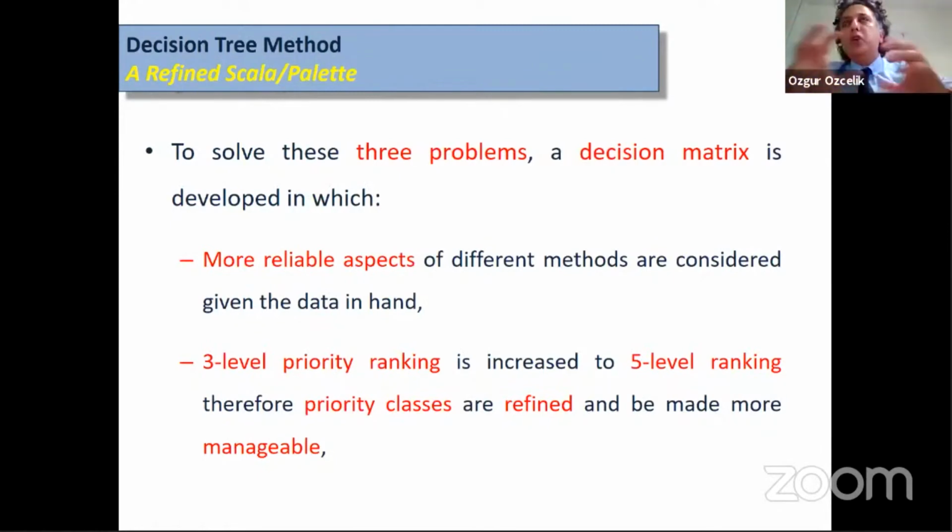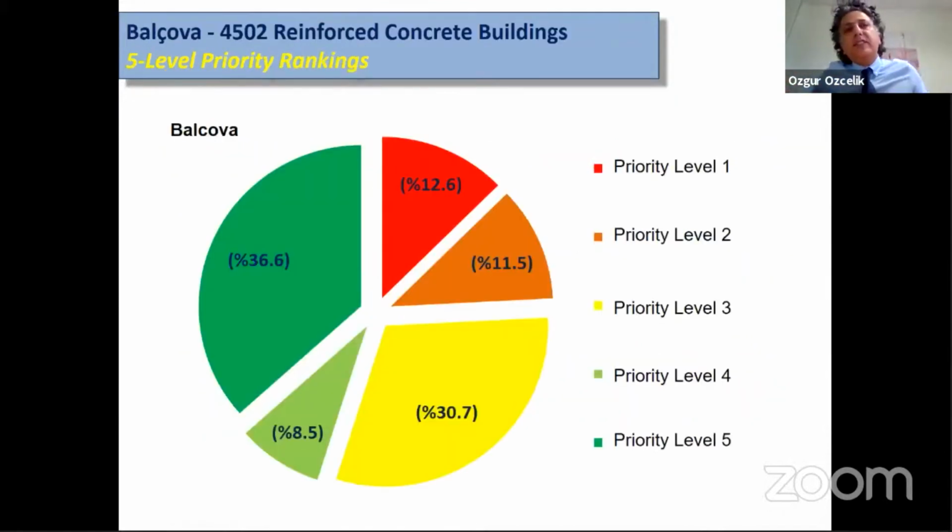So basically we used different strong sides of each method to come up with a more reliable estimate. And once we've done that, for Balçova, we have 5 priority levels. And for Balçova buildings, reinforced concrete buildings, only 12.6% were within priority level 1.